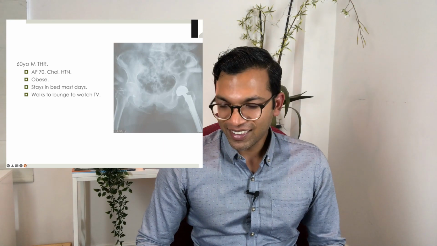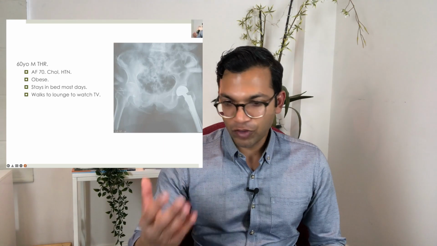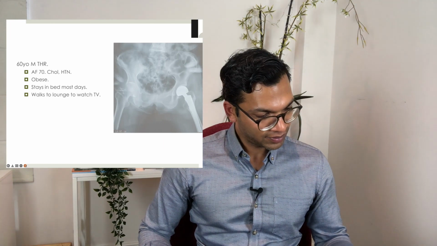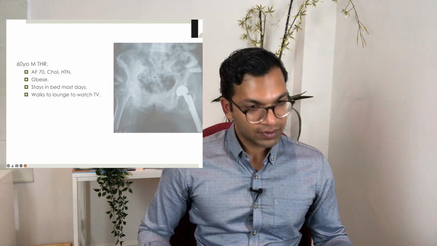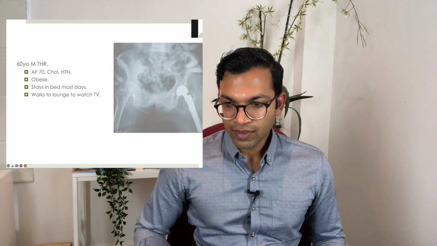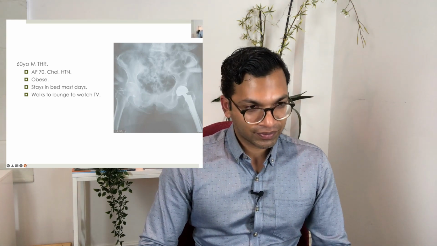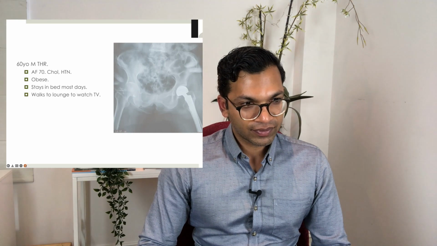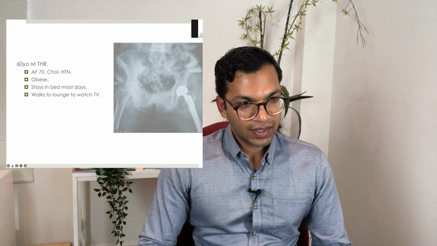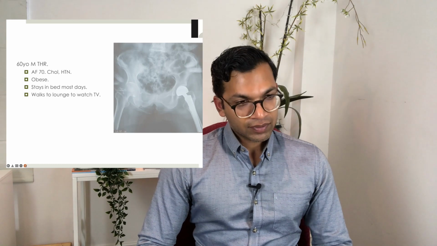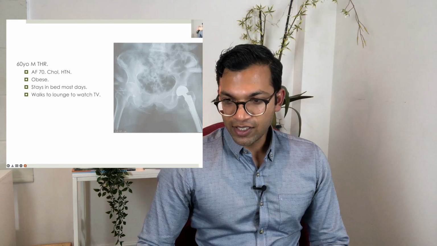Yeah, so just follow the format. As per the format, I don't really think this is an emergency. AF at 70, as you mentioned earlier, AF with Brady can often be severe, with hypertension and high cholesterol. So is this an active cardiac condition, do you reckon?